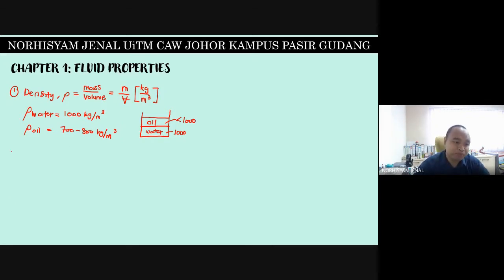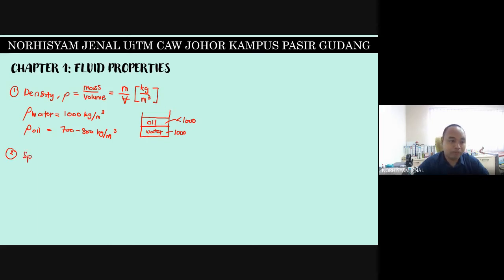Okay, number two, the density is based on mass, but it is based on volume also. So if you have the same, constant mass but higher volume, it means the density will be lower. Or if you have a bigger mass but a smaller volume, the density will be higher, okay? So if we play around with the same mass and change the volume, we'll get a different density, okay?